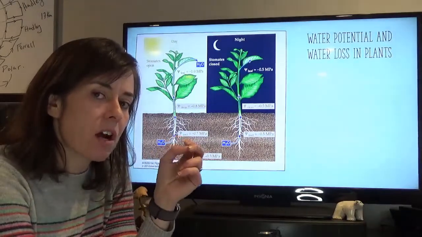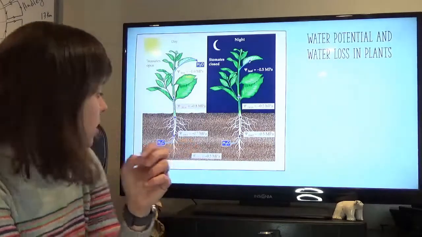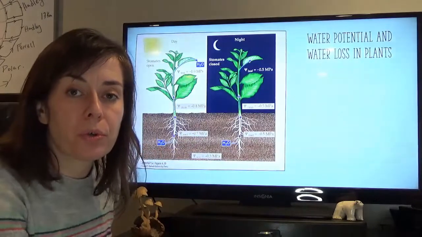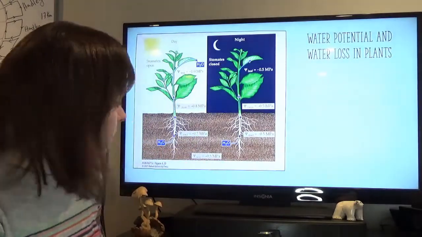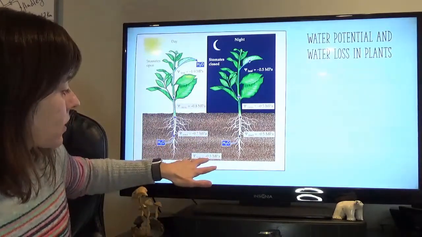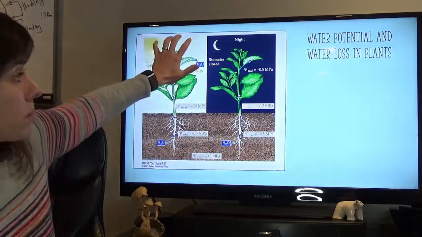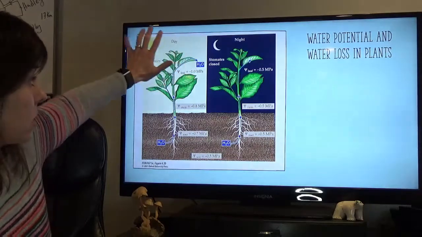Okay, so it's a very large negative value. Soils, in contrast, are very often very close to zero in terms of their water potential. So here we have a soil water potential of minus 0.5. We have an atmospheric water potential of minus 100, thereabouts.